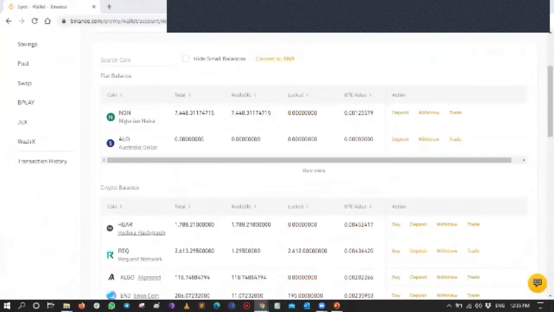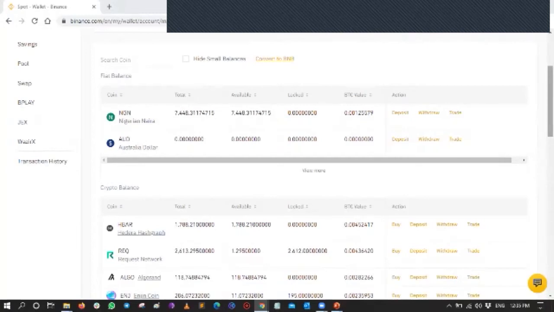Okay. All right. Now, can you see the money that I deposited? So you can see it now under the fiat balance. Okay. So let's go into trading now.